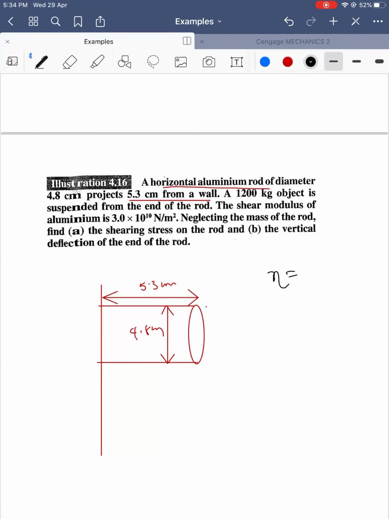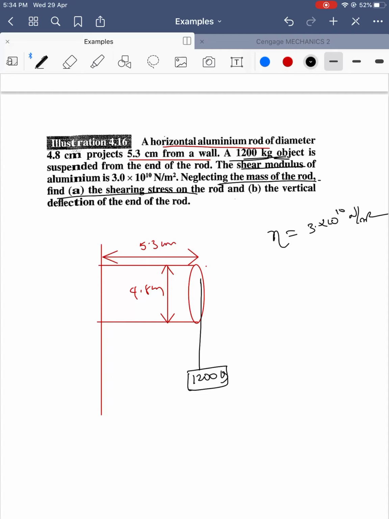He is saying the shear modulus, or modulus of rigidity, whatever, is the same. Shear modulus nu is equal to 3 into 10 power 10 Newton per meter square. What is the unit of strain? It doesn't have any dimensions. Now, neglecting the mass of the rod, find the shear stress on the rod if a 1200 kg object is suspended from one end of the rod.